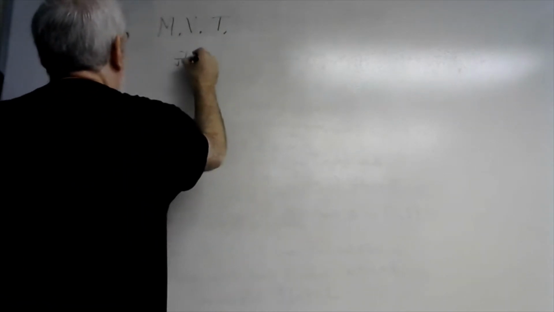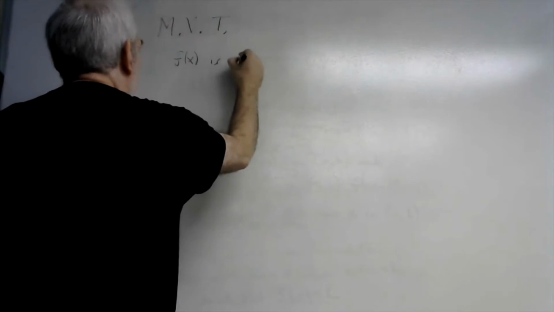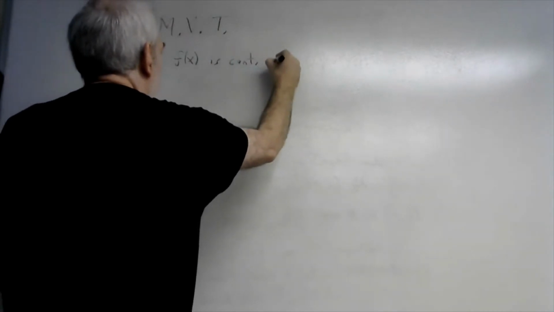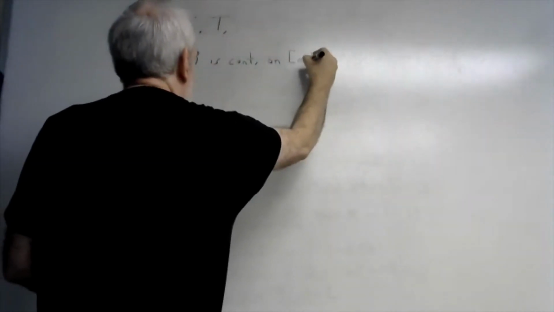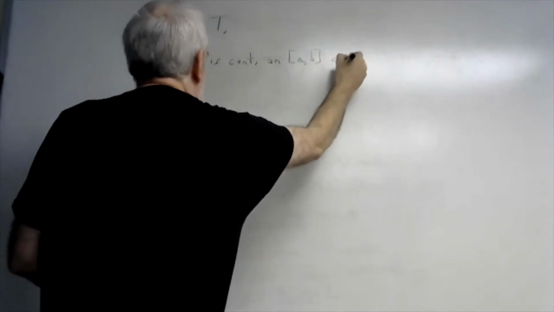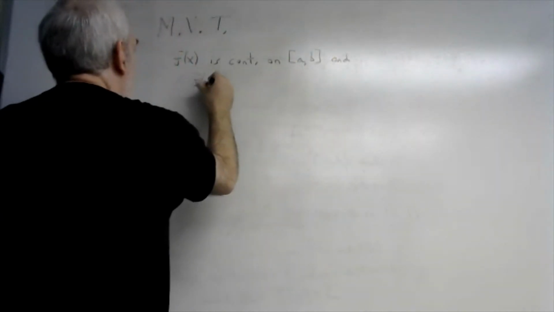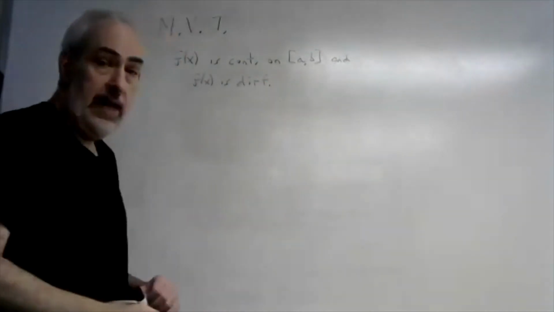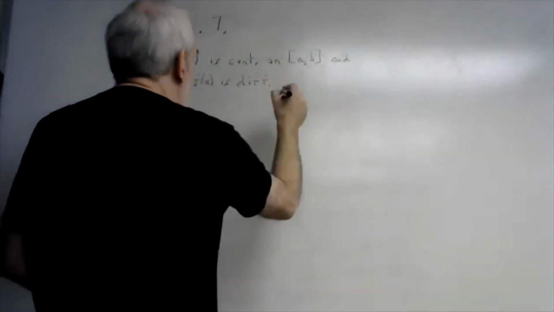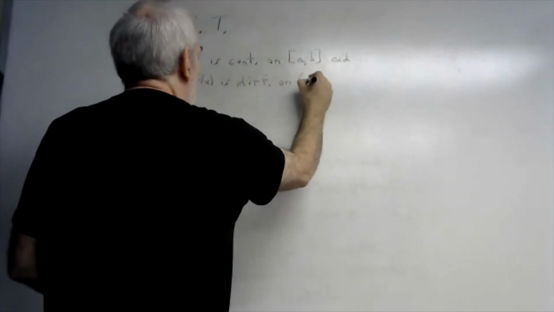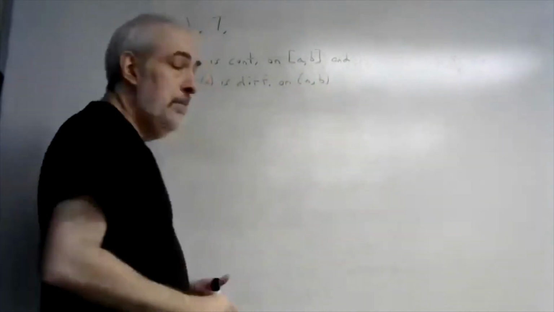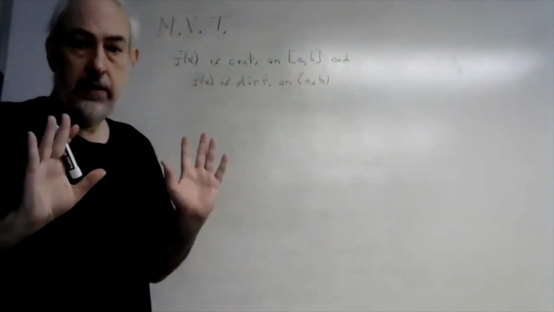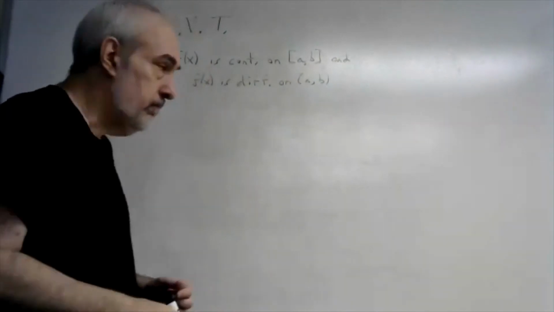Okay, so we have to have f of x is continuous on the closed interval a to b, and f of x is differentiable, I'm just going to abbreviate that with DIF, period, on the open interval a to b. And unlike last time, f of a does not have to equal f of b.